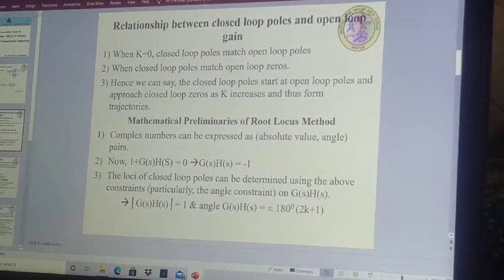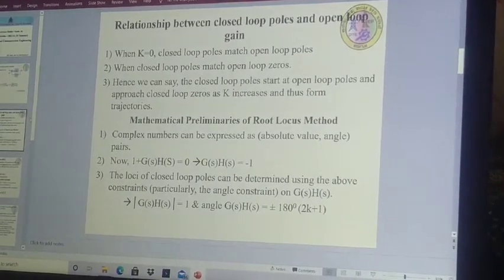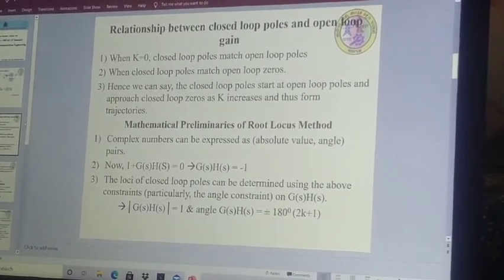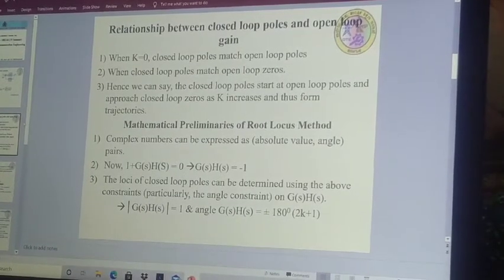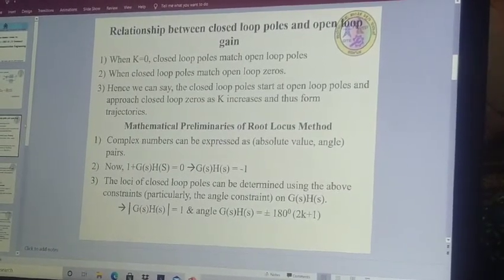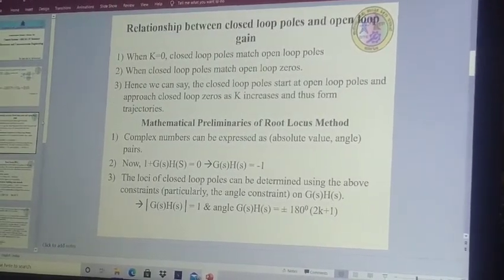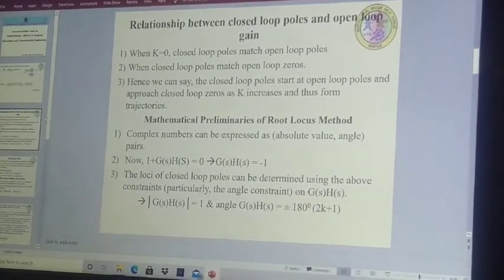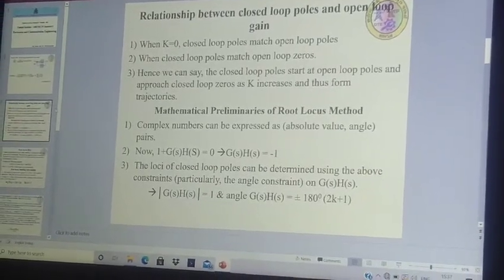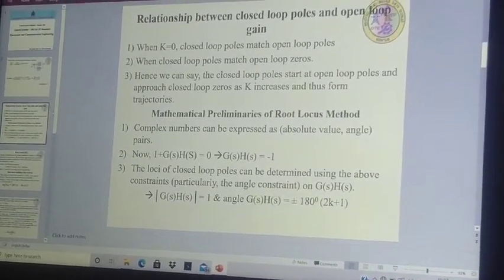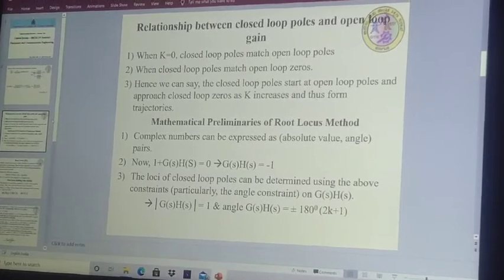So, the loci of closed loop poles can be determined using the above constraints, particularly the angle constraints on g of s h of s. So, magnitude of g of s h of s is equal to 1 and angle of g of s h of s is equal to plus or minus 180 degrees into 2k plus 1.